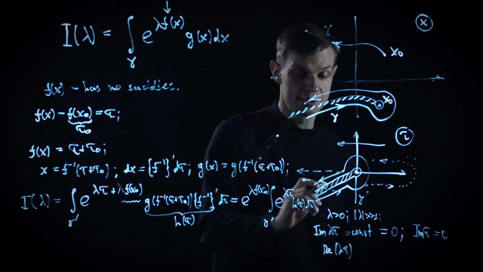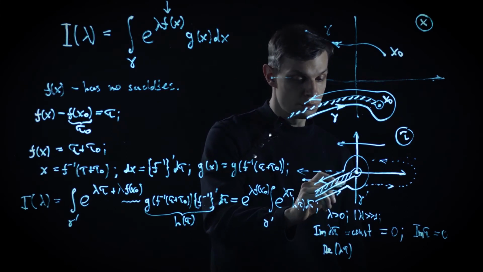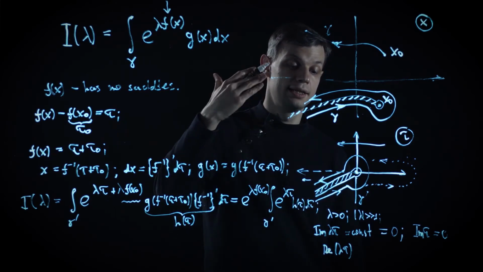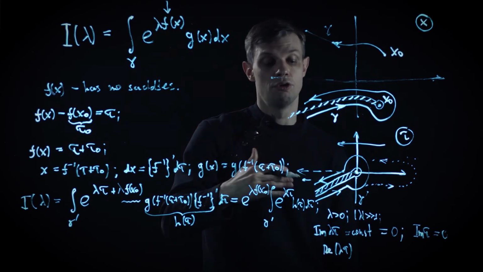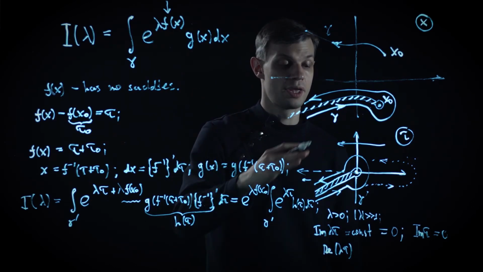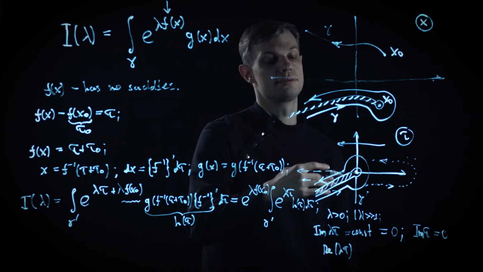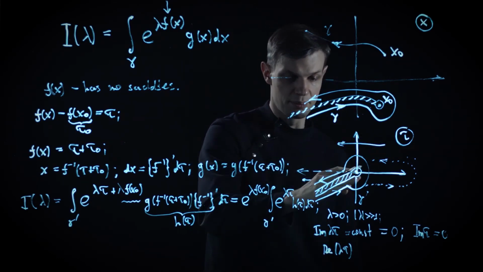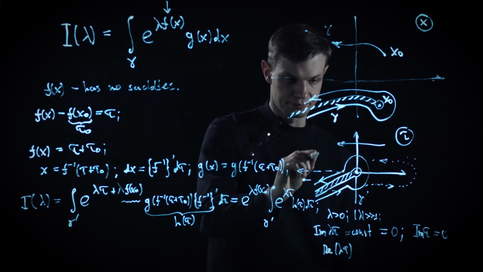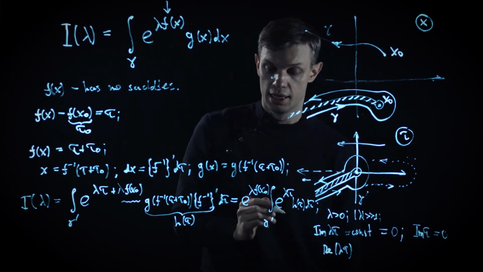So in fact, the contour can cross the branch cut, but the continuation of the contour will belong to the second Riemann sheet, which is, for example, below the upper Riemann sheet depicted on the blackboard.